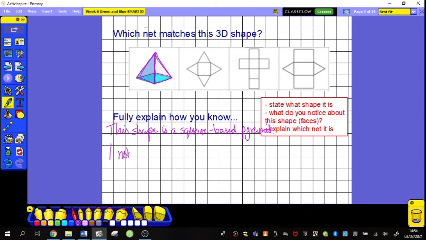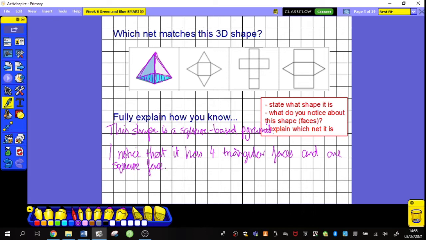I notice that it has 4 triangular faces, and I can see at the bottom here 1 square face.